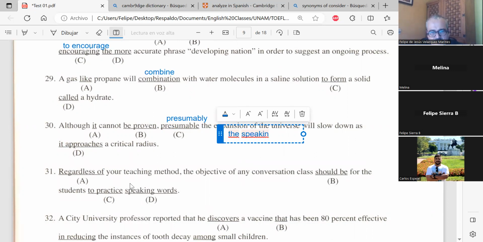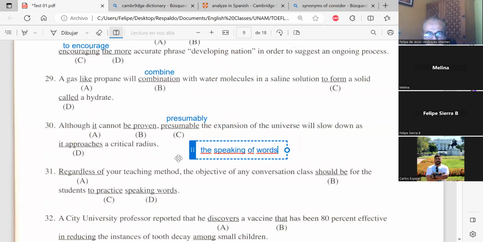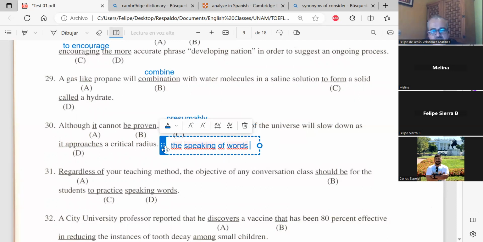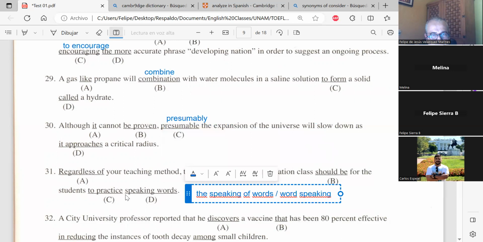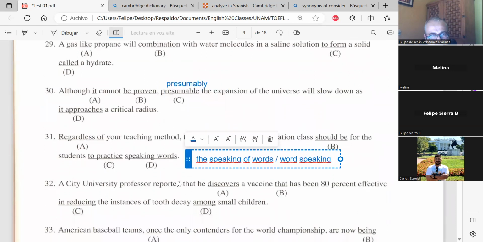We practice the speaking of words. Okay, if we invert to eliminate "of", it is "word speaking". So how do you fix this sentence? You can use two things: you can say "the speaking of words" or "word speaking".